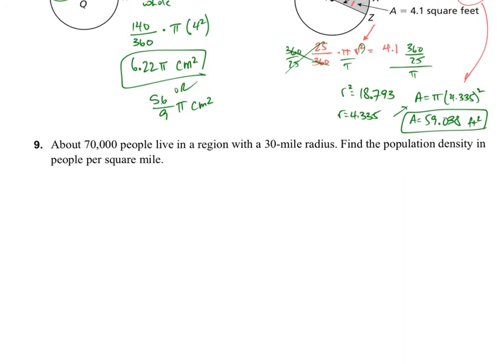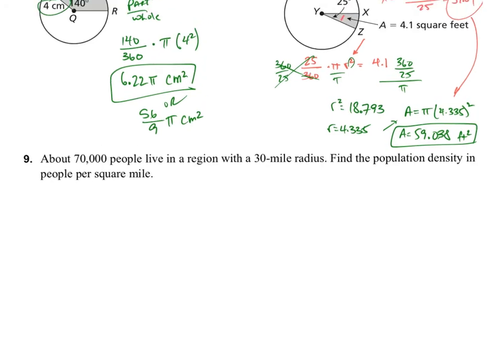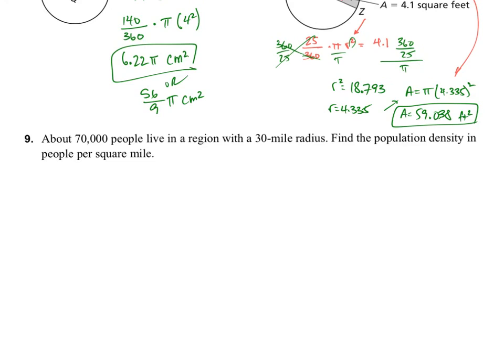About 70,000 people live in a region with a 30-mile radius. Find the population density in people per square mile. So think about this. We've got this circular region with a radius of 30, and 70,000 people are in here. So we have the people over the area.